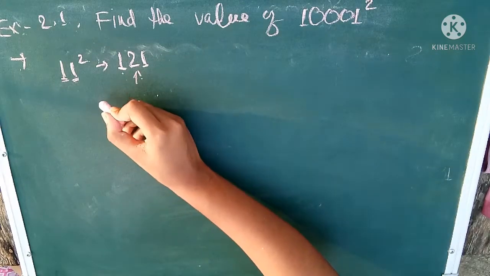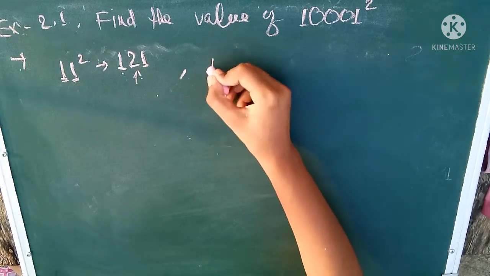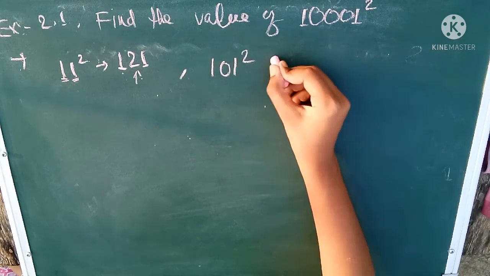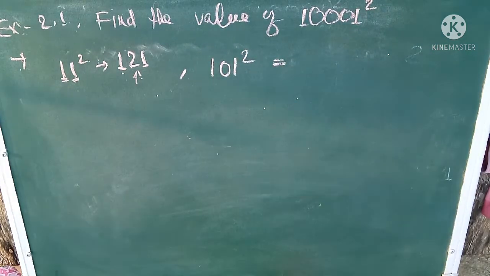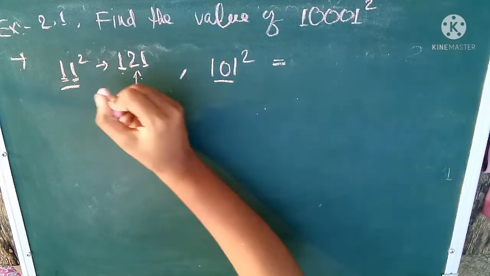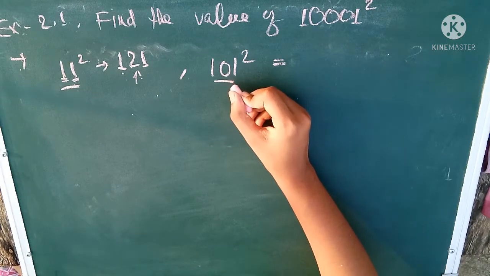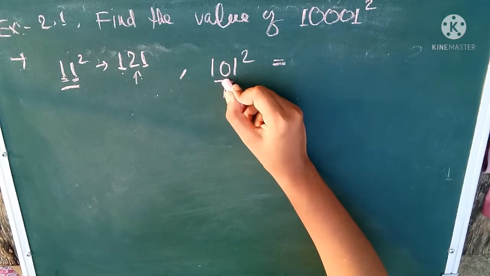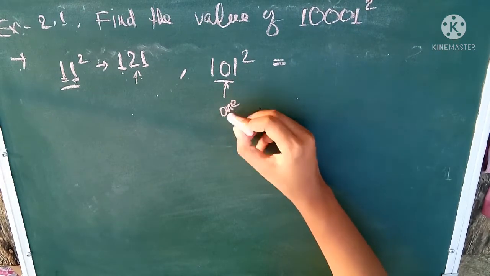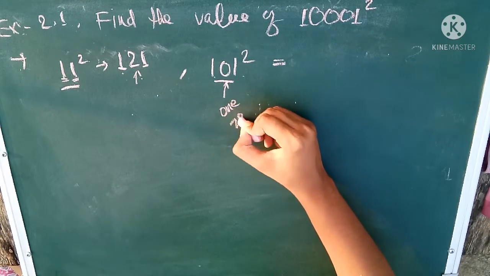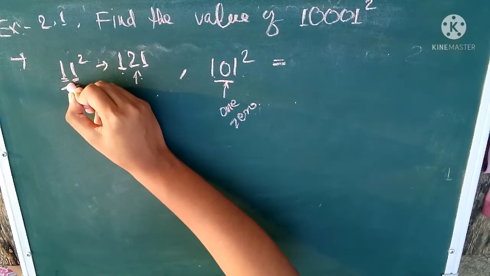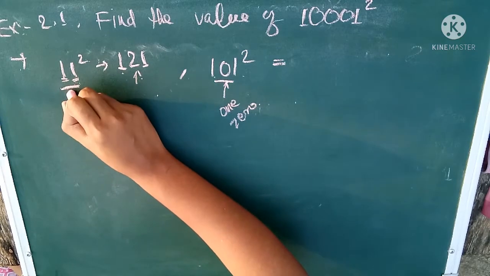While observing this, here we have another question that says 101 to the whole square. Now how can we find this value without doing the actual multiplication? So this number 11 and 101 has one change in between. Here we have 1 zero in between 2 ones, and here we have no zero between 2 ones, so it is 11.